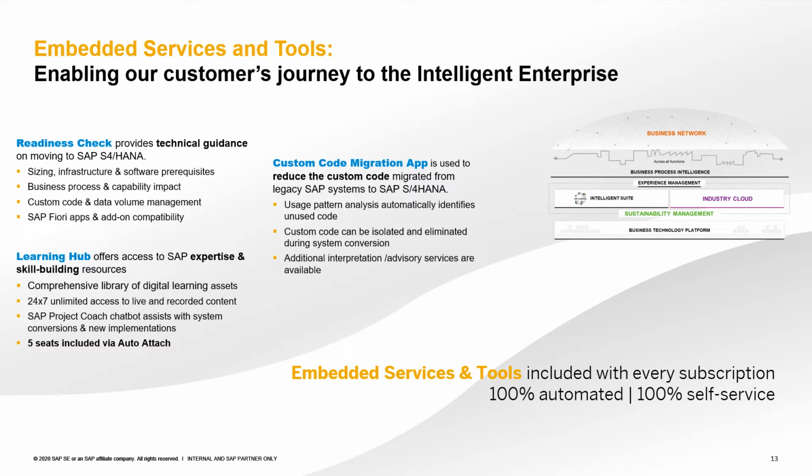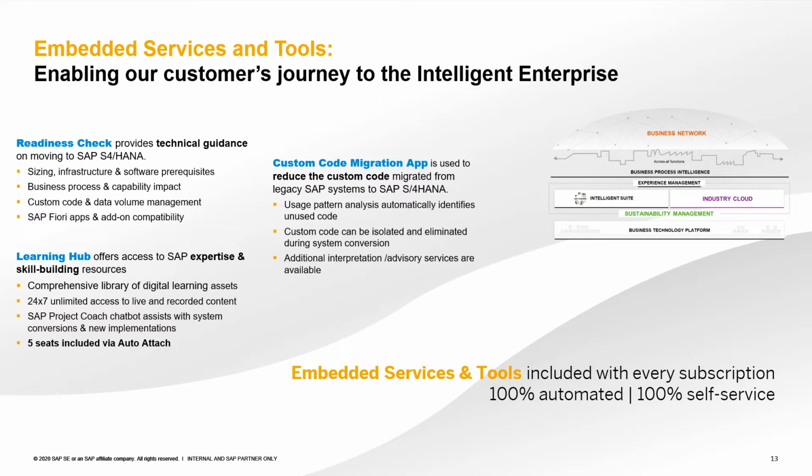Next, its custom code migration app is used to reduce the custom code migration from legacy SAP systems like ECC to SAP S4HANA. And then we're offering Learning Hub access to SAP expertise and skill-based resources, and you get 5 seats included via an auto attach.